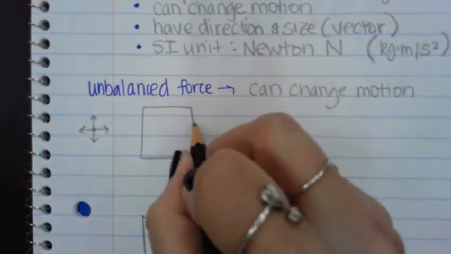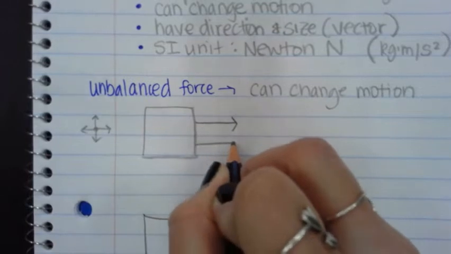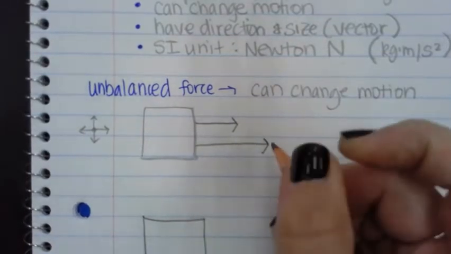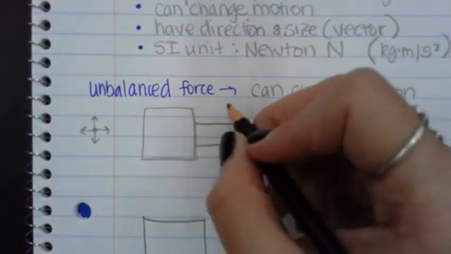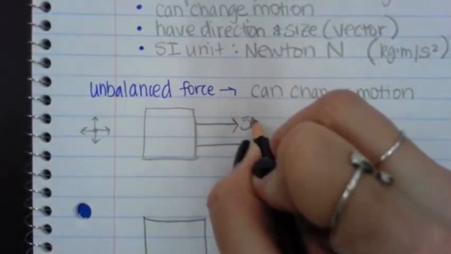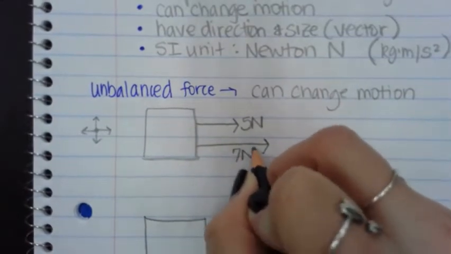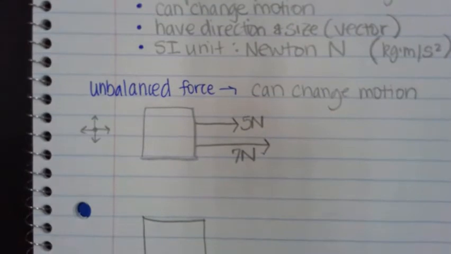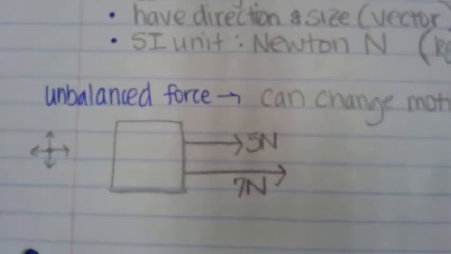So I have this object, this box, and I'm pushing on it. Regardless of whether or not I'm pushing or pulling on a force diagram, the arrows are always moving out. Got someone using 5 newtons to pull on it, and then someone using 7 newtons of force. This arrow is larger, because the force is actually larger.